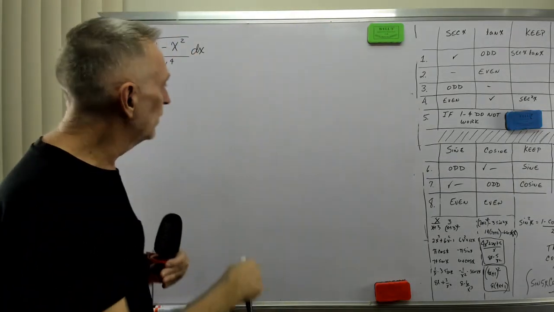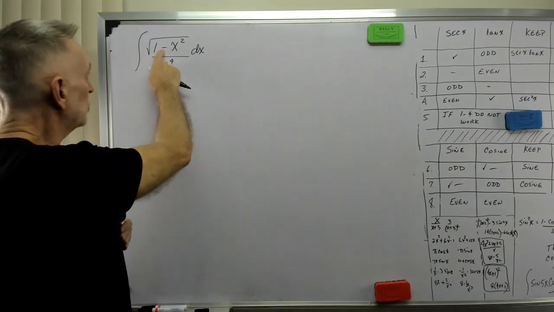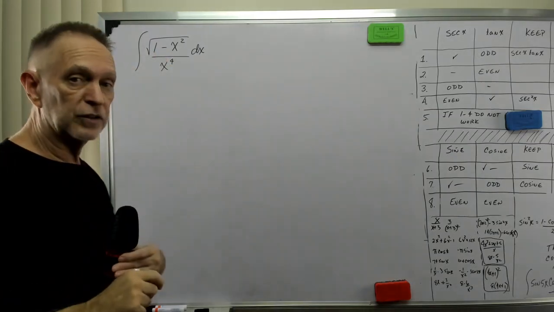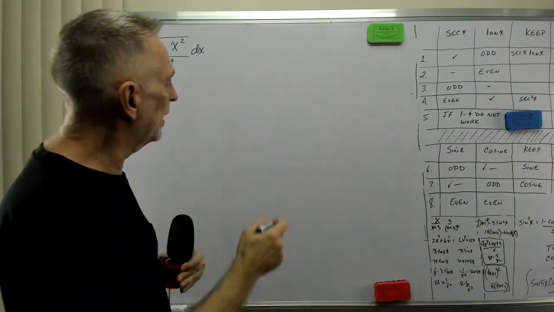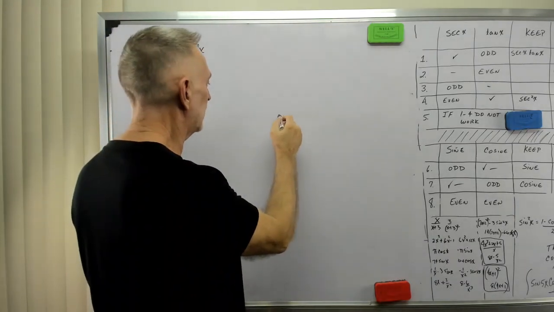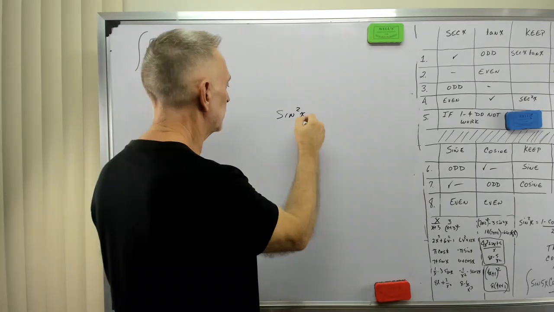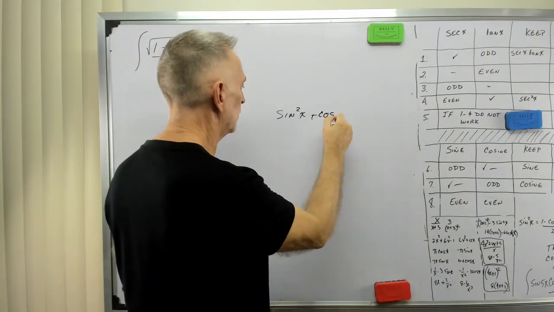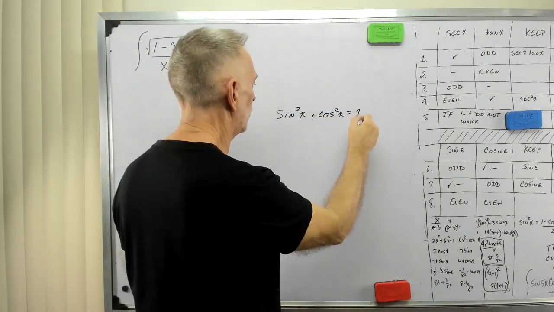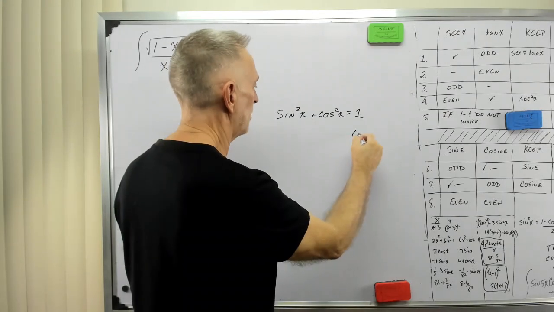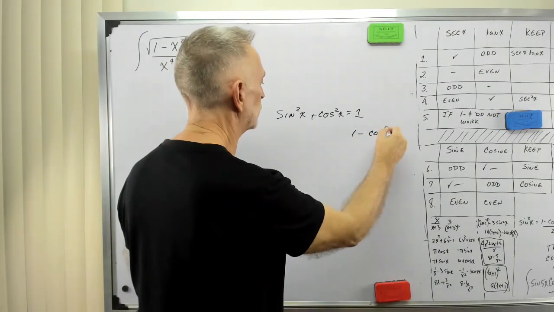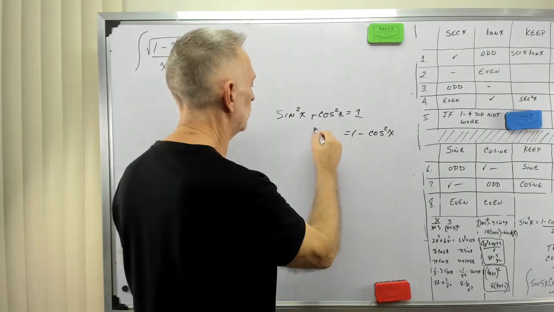For example, an identity here. You can see this form 1 minus x squared. What do you think about? When I see that, I think about sine squared x plus cosine squared x equals 1. So 1 minus cosine squared x, what does that equal? Sine squared.